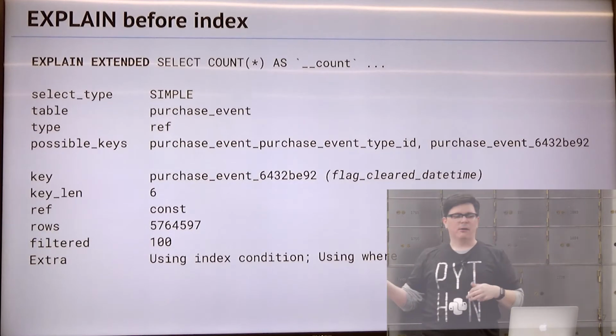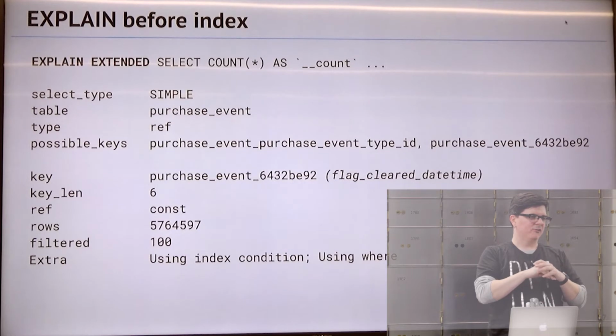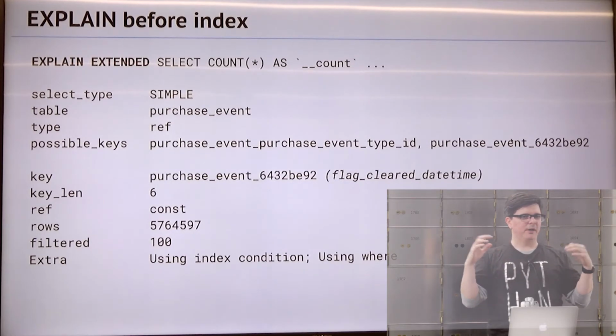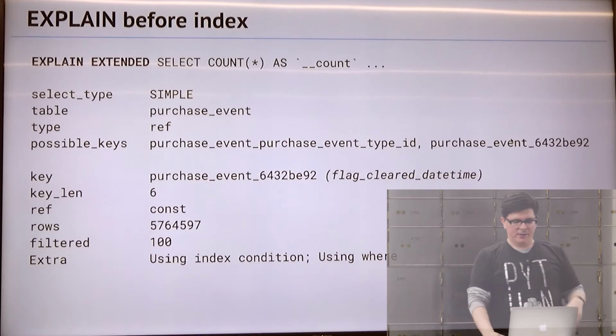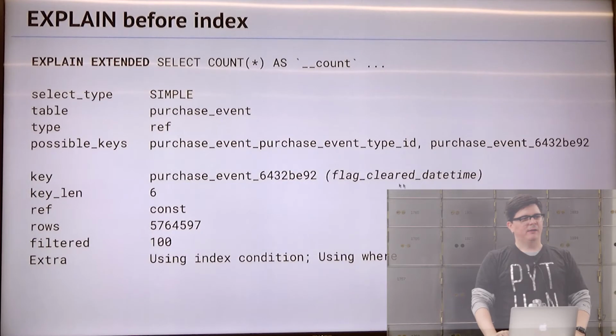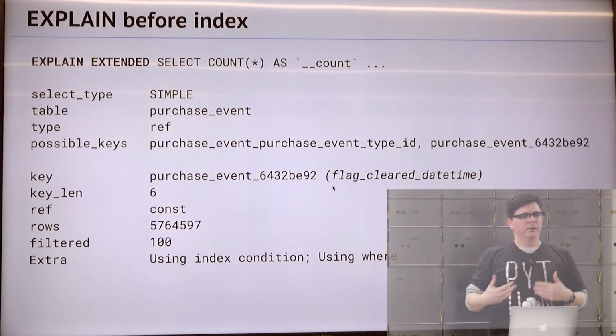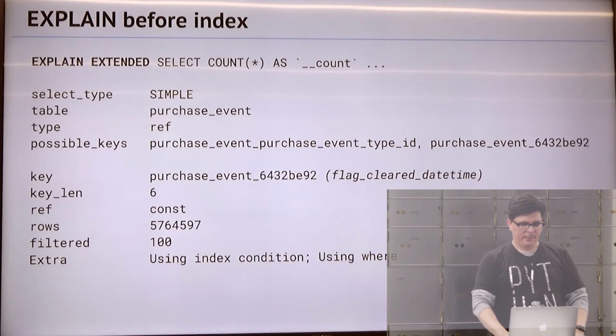That was a foreign key on our model. In MySQL, when you have a foreign key relationship, you automatically get an index. And also the purchase event date time had db_index=True. So Django created an index for that field, but just one or the other.